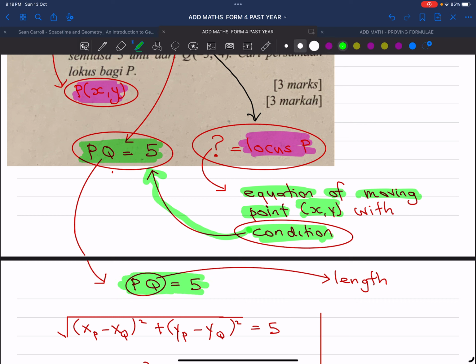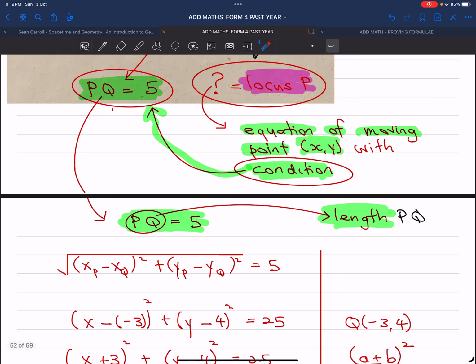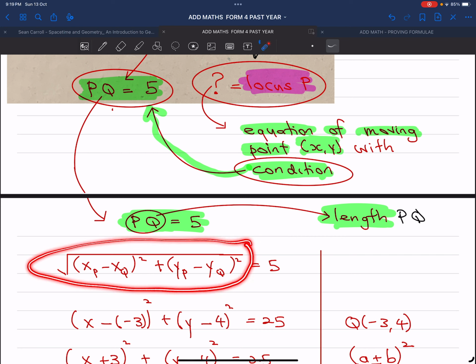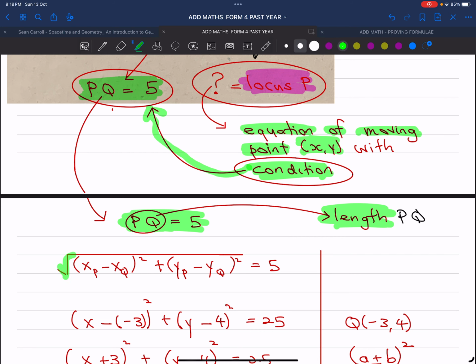Now what is the meaning of PQ? It is the length of PQ. So for length, we will use the formula of length, which is the square root of x_P minus x_Q bracket square plus y_P minus y_Q bracket square, which equals 5.